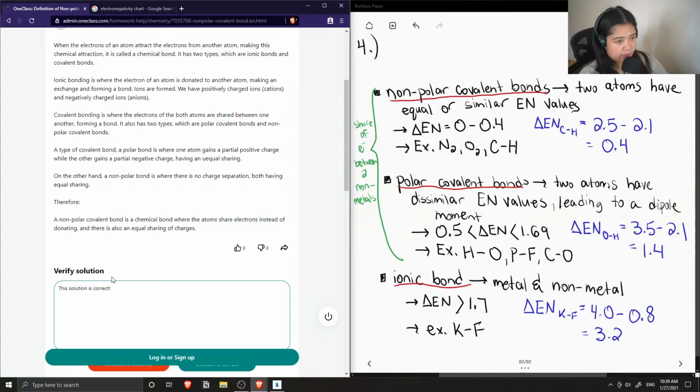I'm just going to put the difference in electronegativity value that might help distinguish between polar and nonpolar covalent bonds.